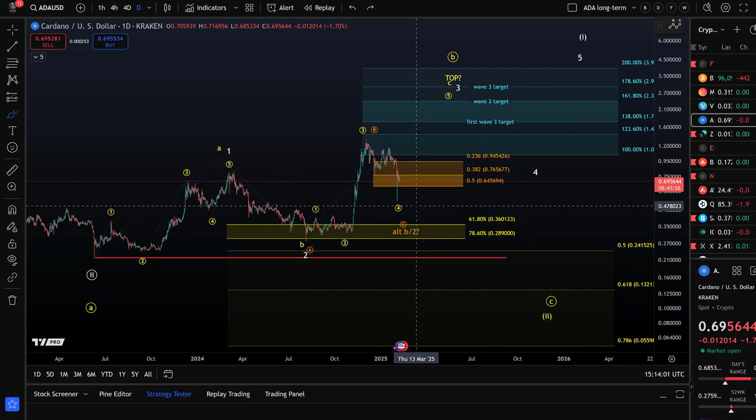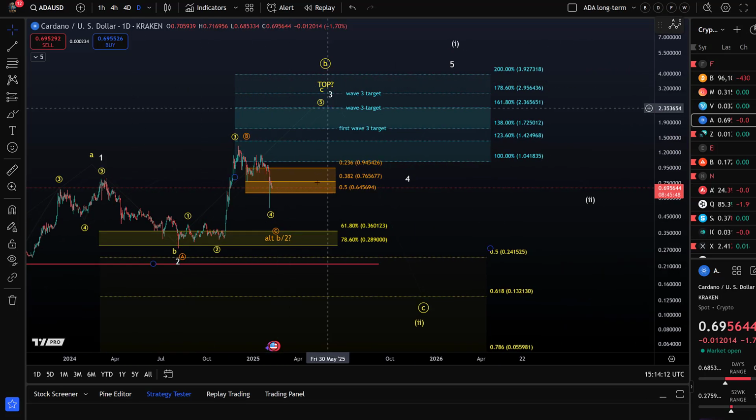What I wanted to share here with you is that it's still on the table to get one more high. And if we get one more high, then the next upside Fibonacci resistance levels that we have to watch are $1.42, $1.72, and $2.36. These are the next levels to watch. But careful, I'm only watching for one more high.